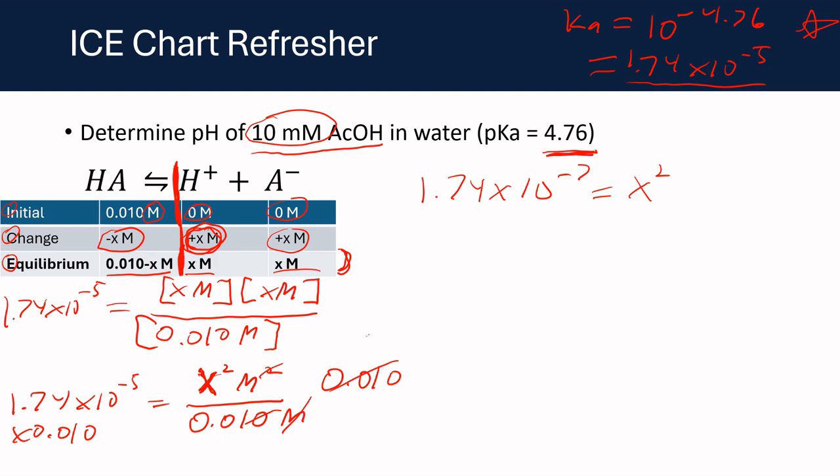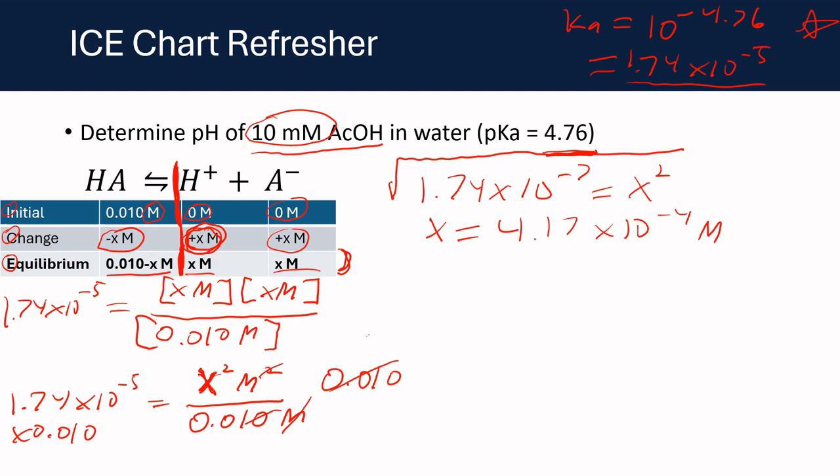So now, to find what x is, we just square root all of this, and that comes out to x equals 4.17 times 10 to the negative 4 molar. Okay, we're almost done.